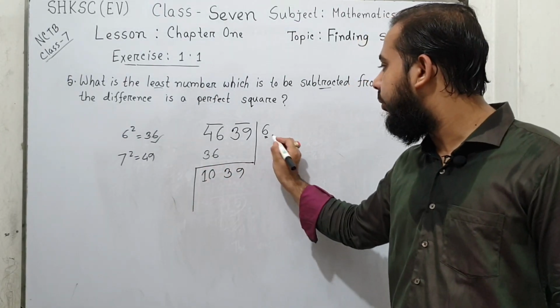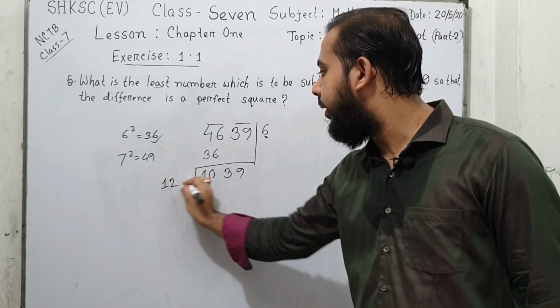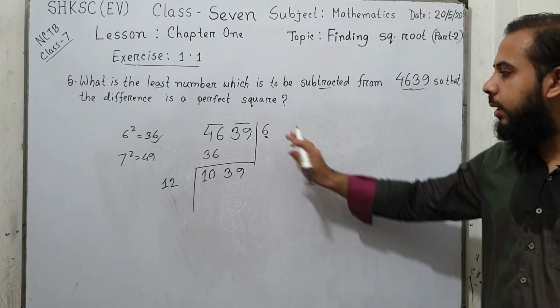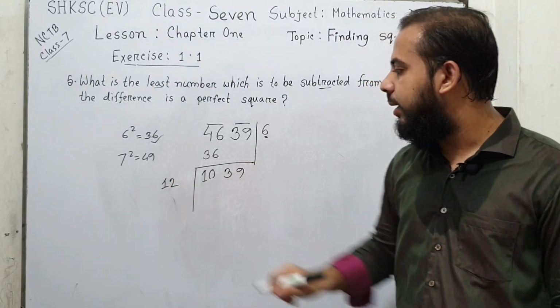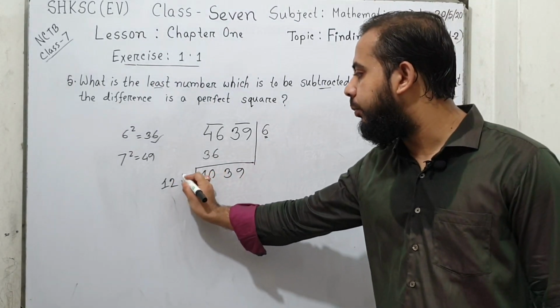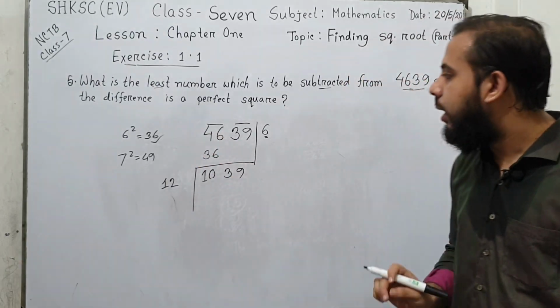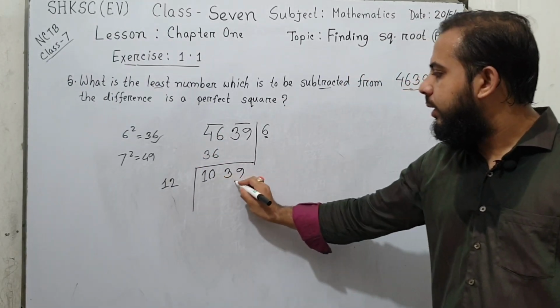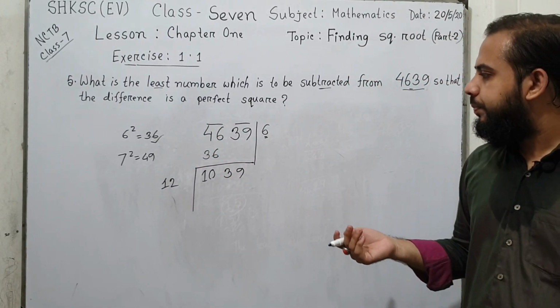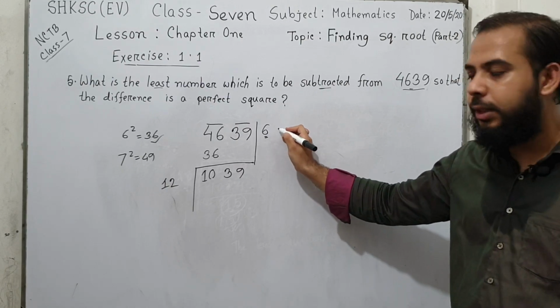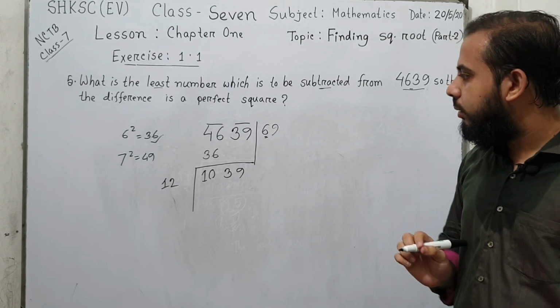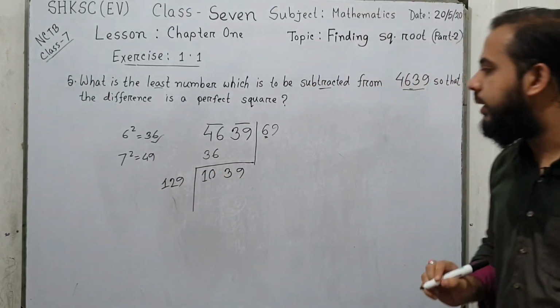Now you have to make double of 6, which is 12, and now you have to make a number here which should be multiplied with this number. Make the number by putting the 3-digit number. Now 1039 is a big number, so we have to think bigger. Let's think about 129 and 9.